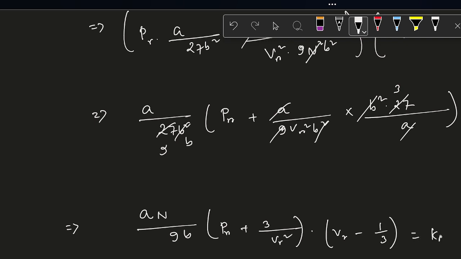This is equal to KB TR times 8A by 27B. You can also see that this A and this A cancel out, B and B also cancel out, and this 9 makes it 3.